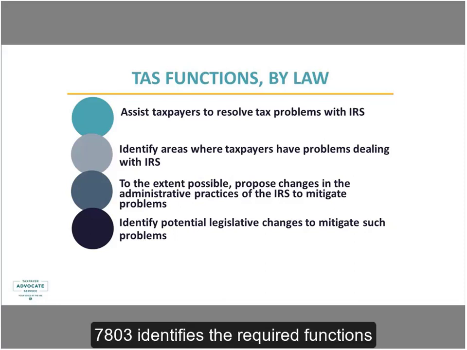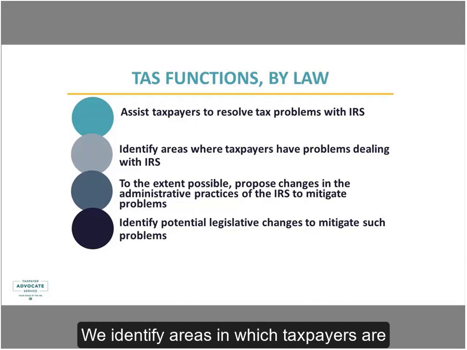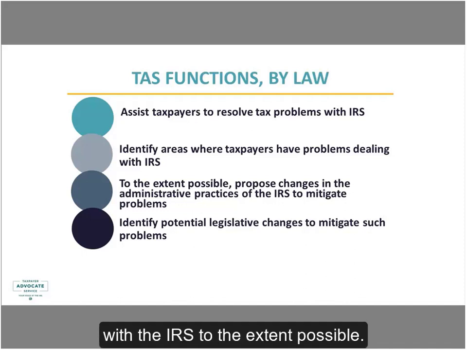By law, IRC 7803 identifies the required functions of the Taxpayer Advocate Service. We assist taxpayers in resolving problems with the IRS. We identify areas in which taxpayers are having recurring problems in dealing with the IRS.